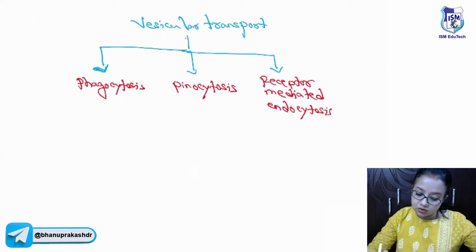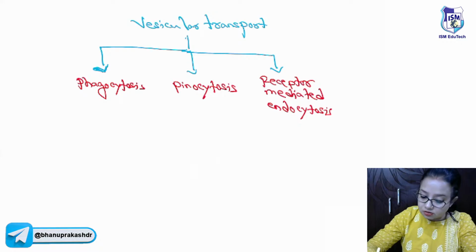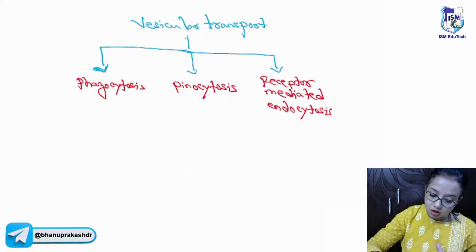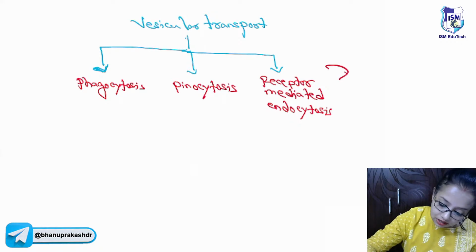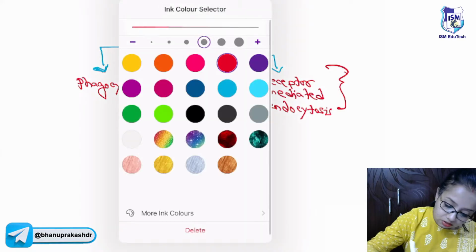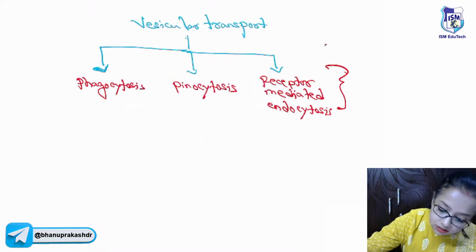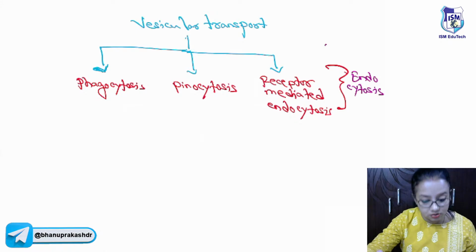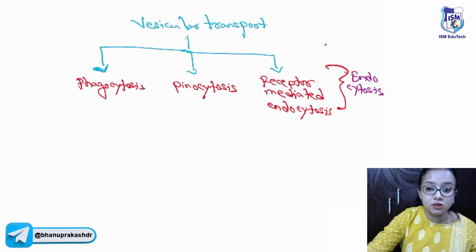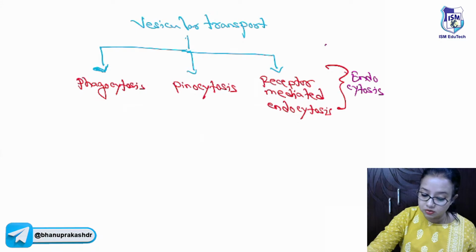Here, phagocytosis, pinocytosis, and receptor mediated endocytosis, all three roughly come under one common thing, which is endocytosis. Apart from endocytosis, there is one more type of transportation, which is exocytosis, where a vesicle is also needed, which we will discuss after discussing all these three.